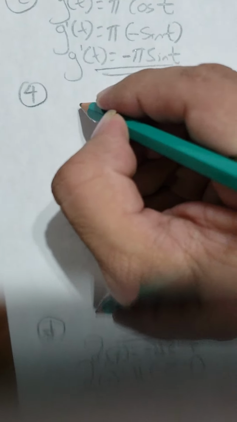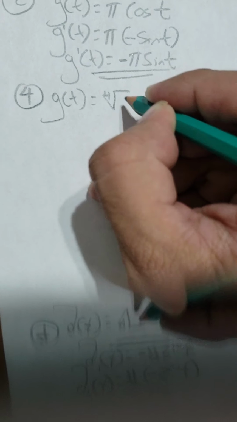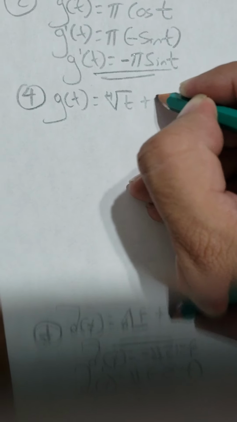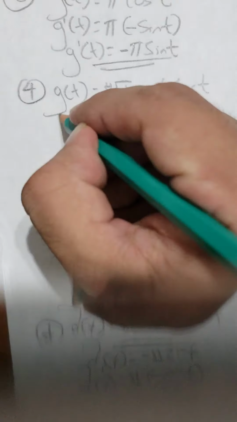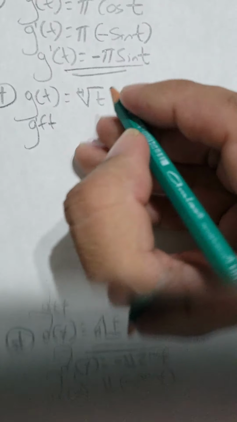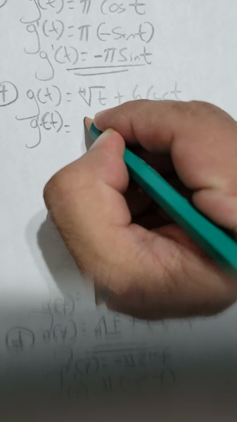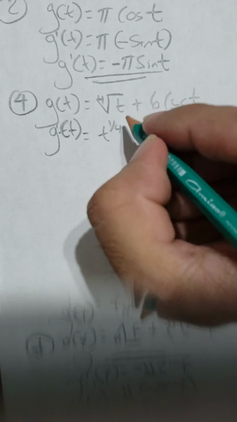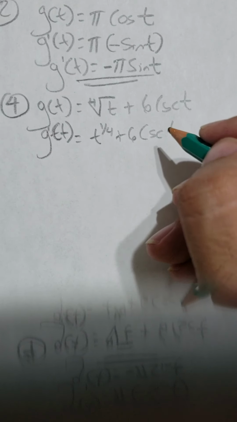Now let's solve number 4. Exercise number 4 is g of t equals fourth root of t plus 6 cosecant of t. With this one, we first have to rewrite this as t to the 1/4 plus 6 cosecant of t.